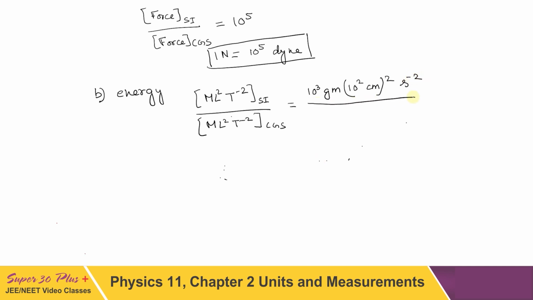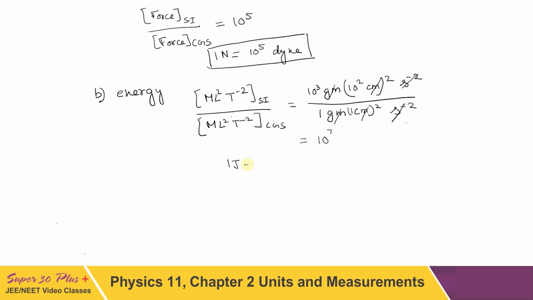Now we are writing the same in CGS unit. It would be 1 gram, then s^-2. Centimeter square got cancelled, gram got cancelled, s^-2 got cancelled. Finally we got 10 to the power 4 plus 3, 10 to the power 7. Finally it can be written, unit of energy in SI, that is joule.